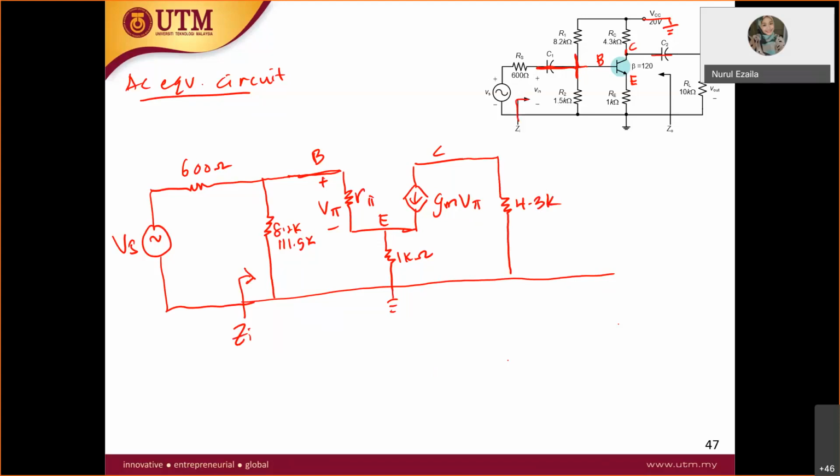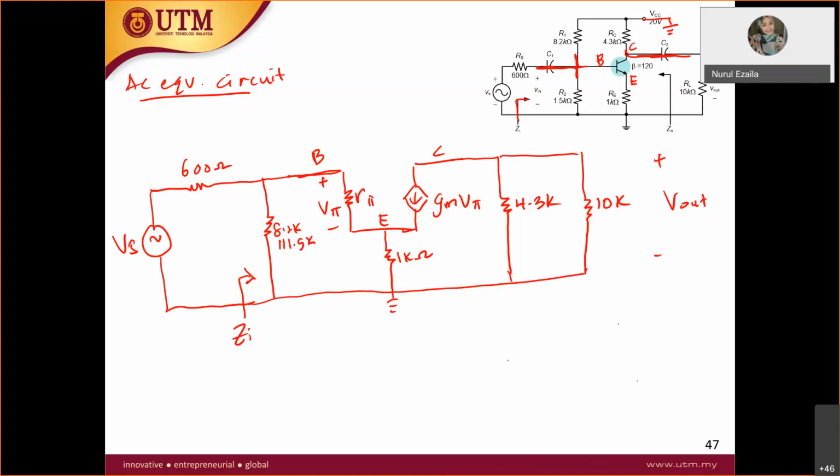Then at the collector you also have capacitor out shorted and you have RL, which is 10K. So this is your V out.